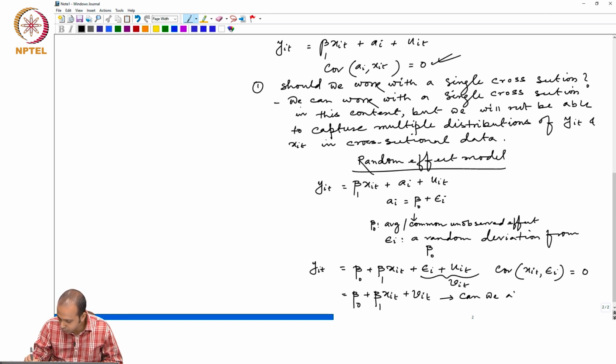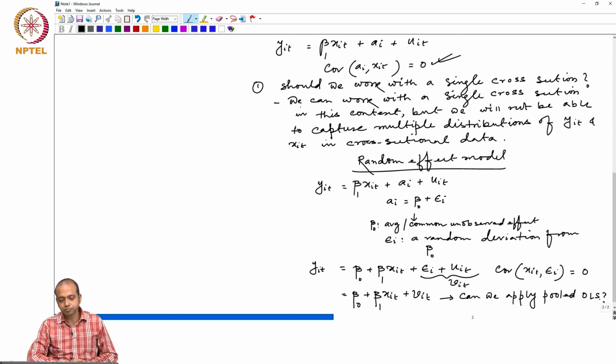Now, in this model, since XIT is not correlated with epsilon I, can we apply pooled OLS? Pooled OLS is not applicable. Why?